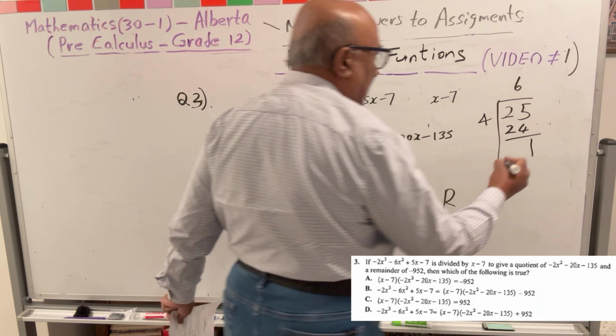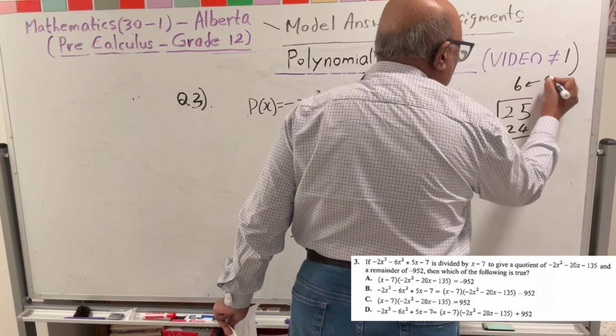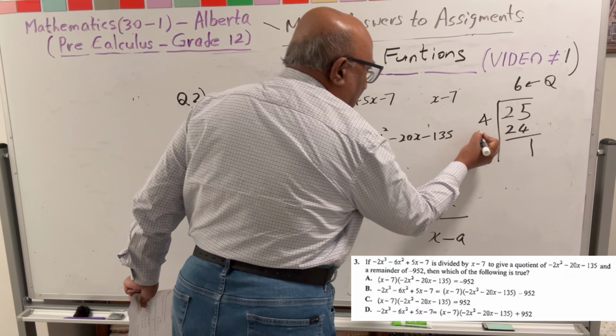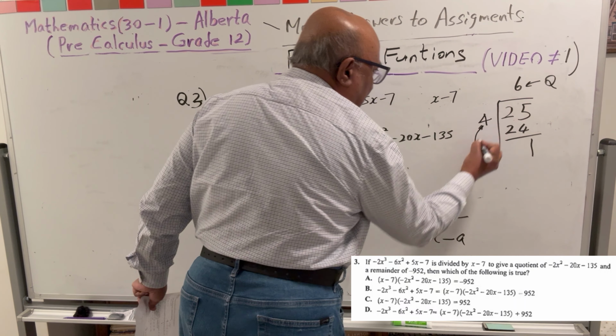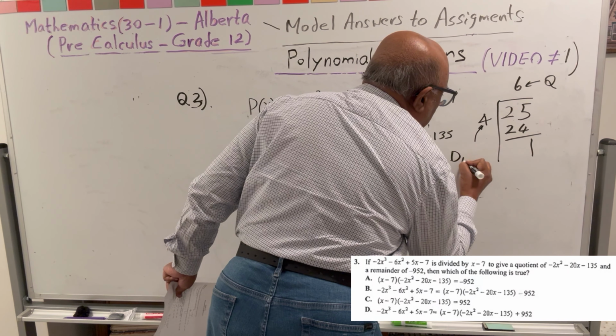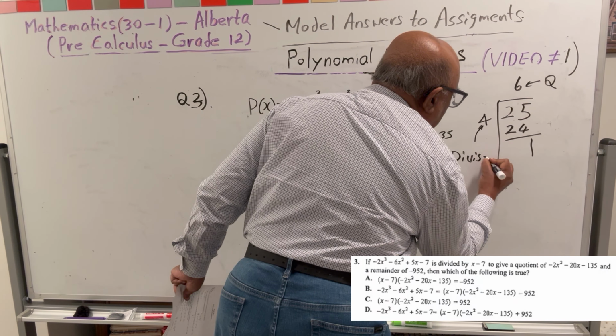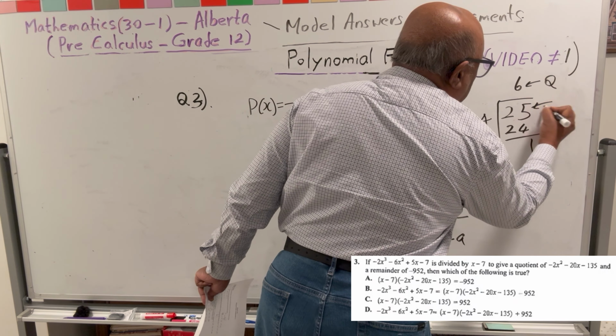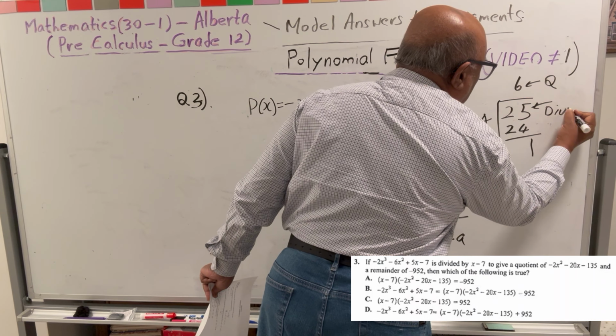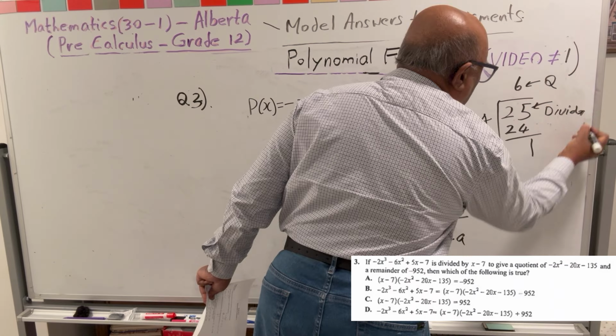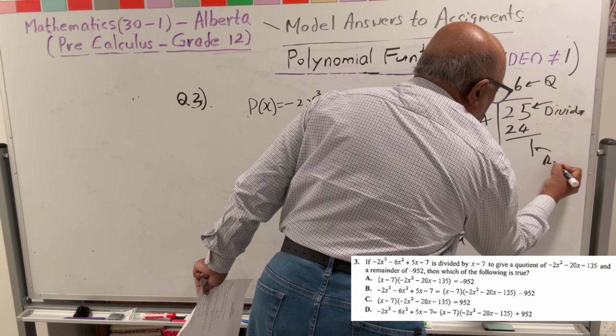What is this called? This is the quotient Q. 4 is the divisor, and 1 is the remainder.